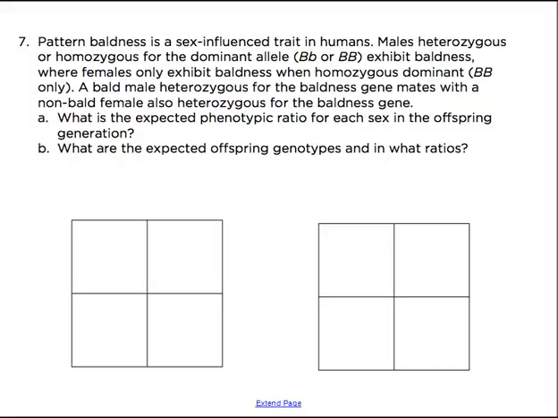So I wrote 2 Punnett squares here so that we can just look at the B baldness allele and you could separate out the males and females. So in both, both male and female are heterozygous for the baldness gene. So it's going to be big B, little b, big B, little b.